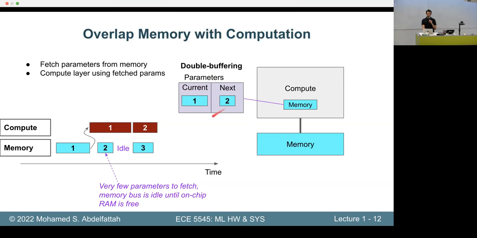As I'm doing that, I'm fetching the stuff for layer 2 in the second half of my buffer. That's why it's called double buffering. Usually you don't have enough space to do more than double buffering. Sometimes you do, but that's the simple mental model I want you to have in mind.